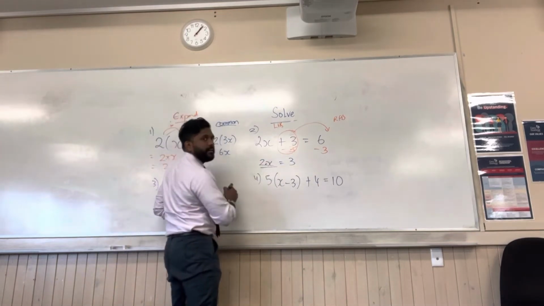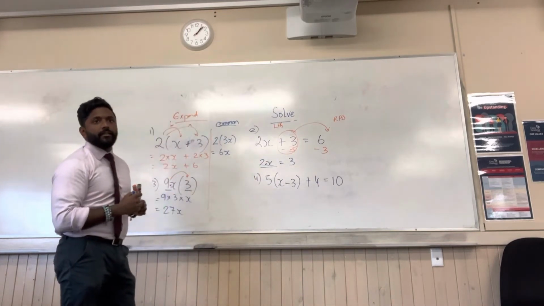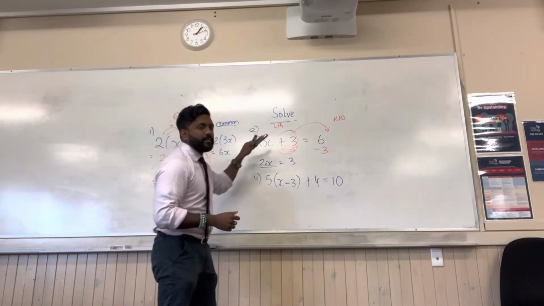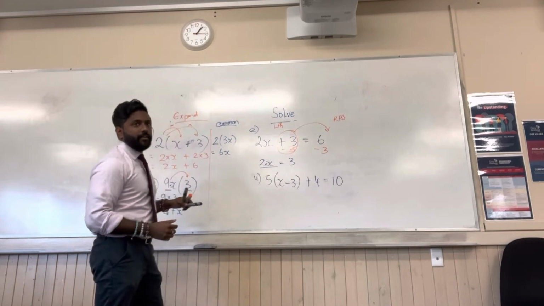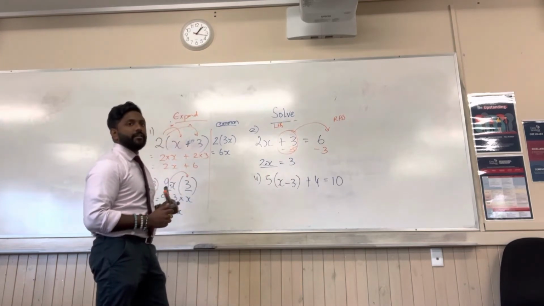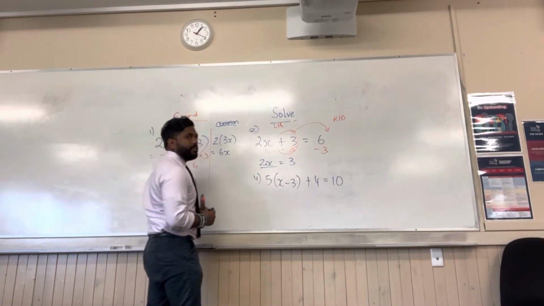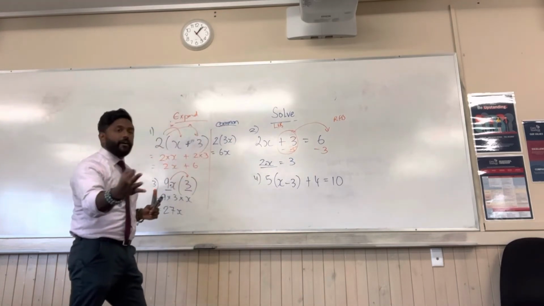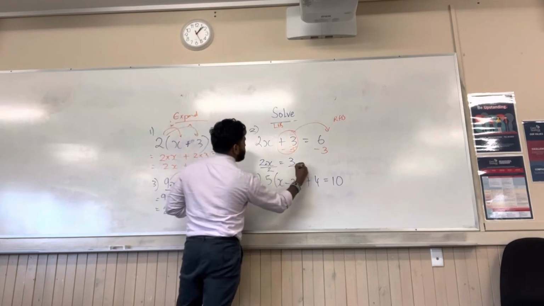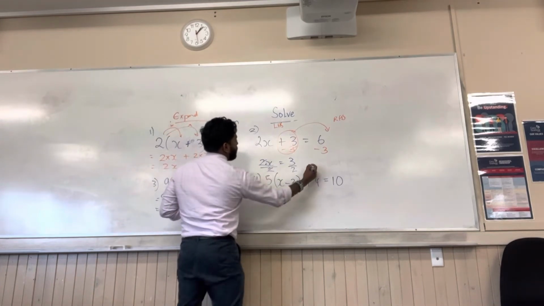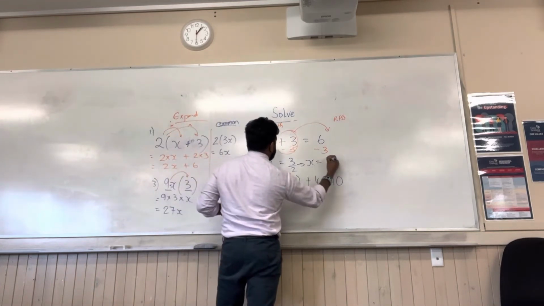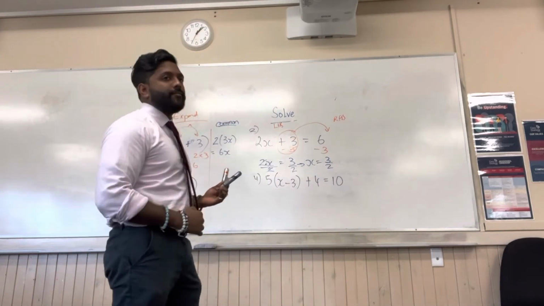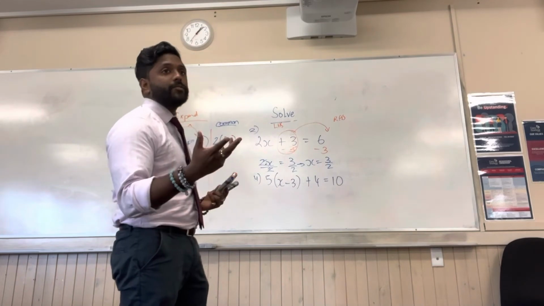Timesing it, right? How did you get rid of this plus 3? You minused it, right? How are you going to get rid of the times 2? Divide by 2. What's the opposite of times? Divide. Divide by 2, divide by 2. You're left with x is equal to 3 over 2. If the question says just leave it as a fraction, leave it as a fraction. If it says leave it as a decimal, you leave it as 1.5.